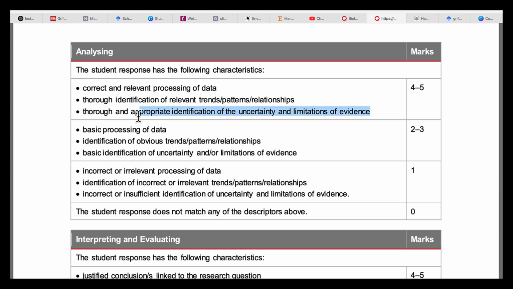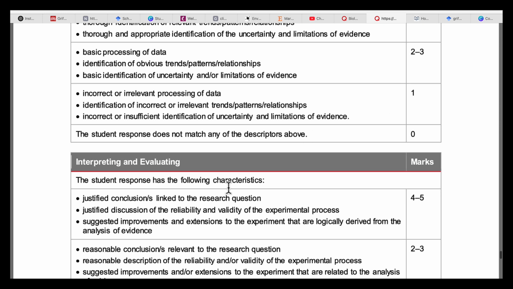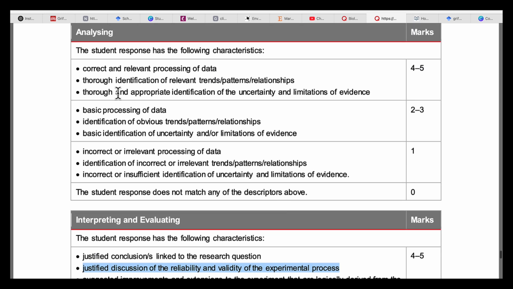The next part is thorough and appropriate identification of uncertainty and limitations of evidence. Okay, so we have something similar to that in this next section, which is justified discussion of the reliability and validity of the experimental process. Okay, so I want you to understand here that we're looking at the limitations of the evidence.